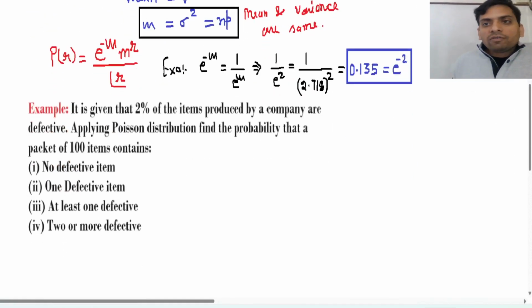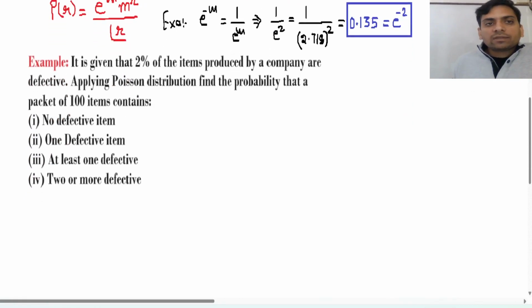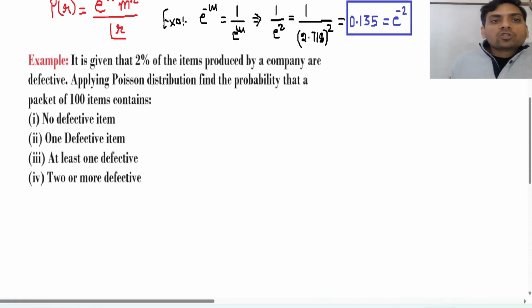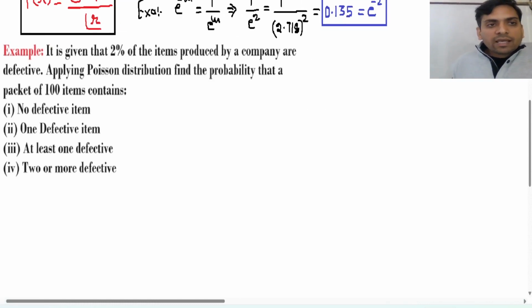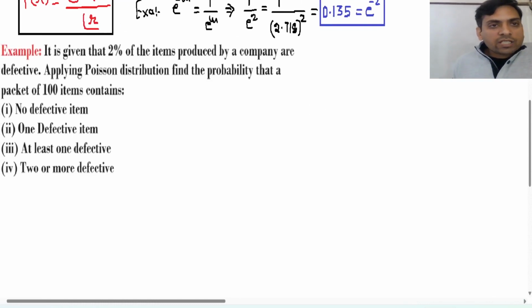Okay, now we will see the question. The formula of probability for binomial distribution is clear. This is the formula for probability in case of binomial distribution. Now we will discuss this case. The question says that 2% of the items produced by a company are defective.